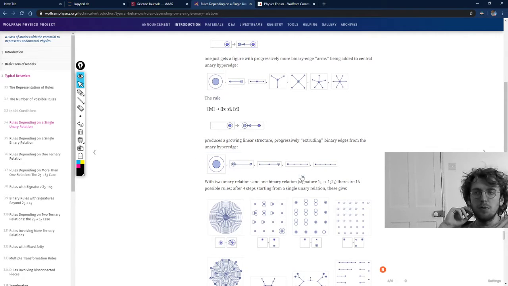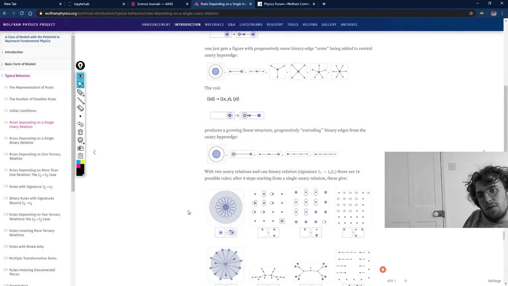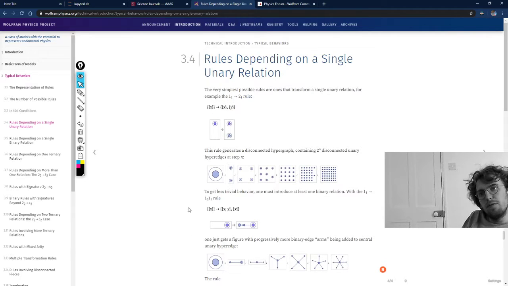So we're always starting with 1-1 here. That's what we mean by we're in a single unary relation. 16 possible rules after 4 steps. Isn't this just 4? What? How is a circle different from a loop?